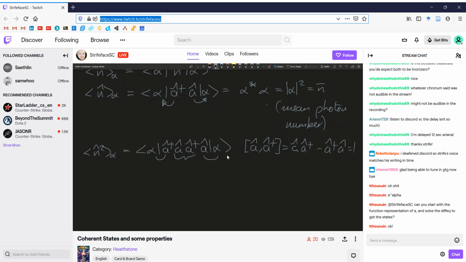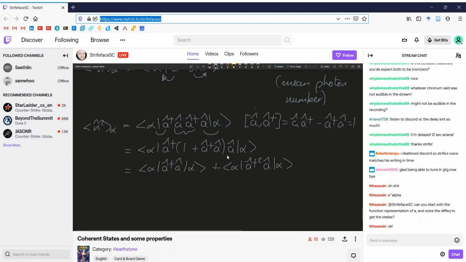We know that A dagger acts on the left. So this time we get alpha squared, the mean number of photons in the coherent state basis.